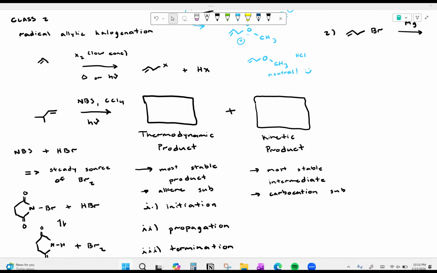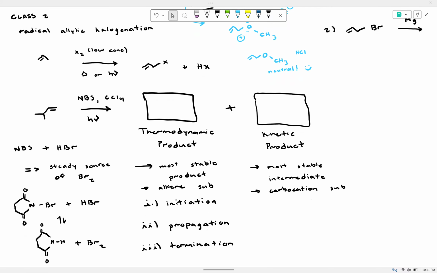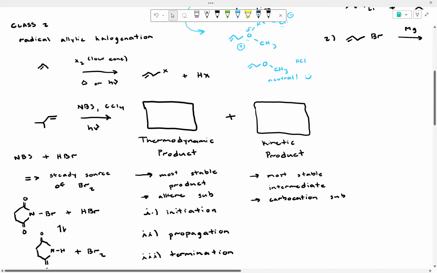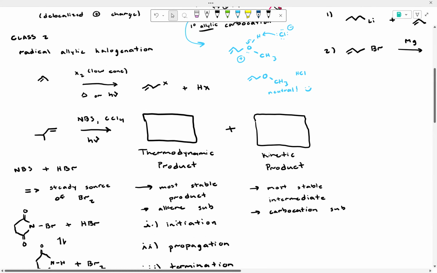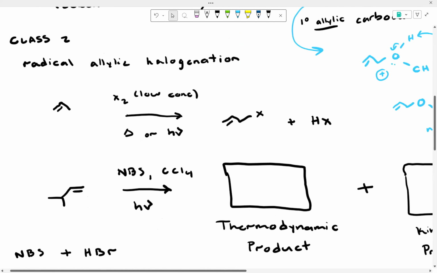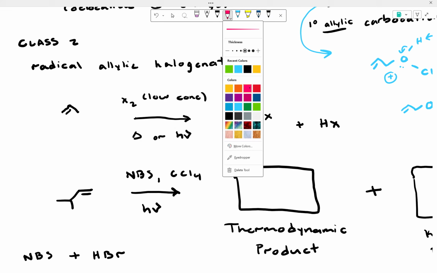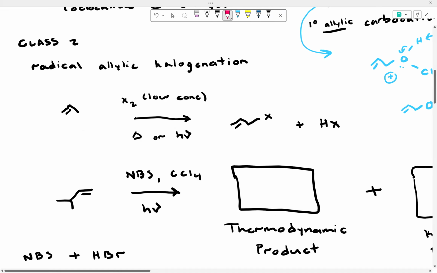Okay, now we're going to look at radical allylic halogenation. Here we have an allylic molecule, and when it reacts with a diatomic molecule of a halogen like bromine or chlorine, we see that the halogen substitutes in and then we form an acid.